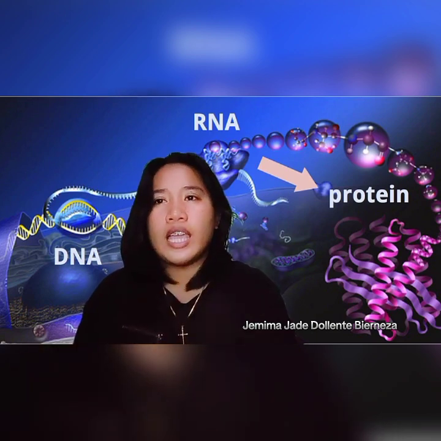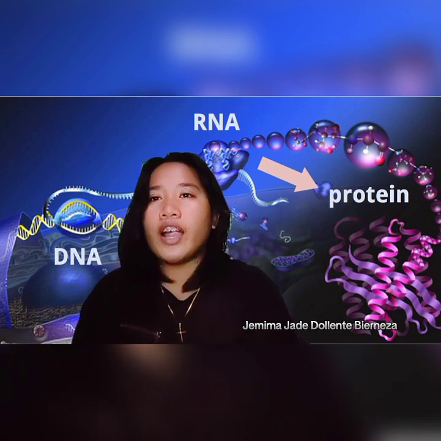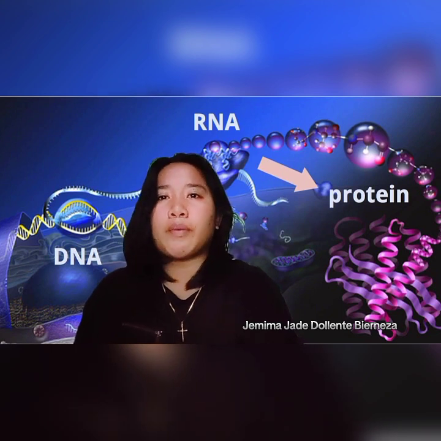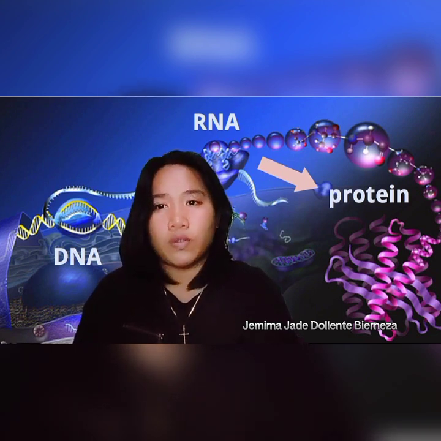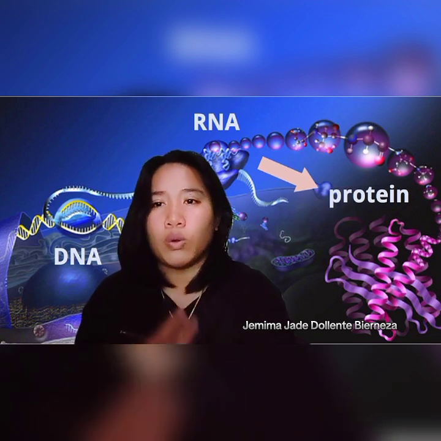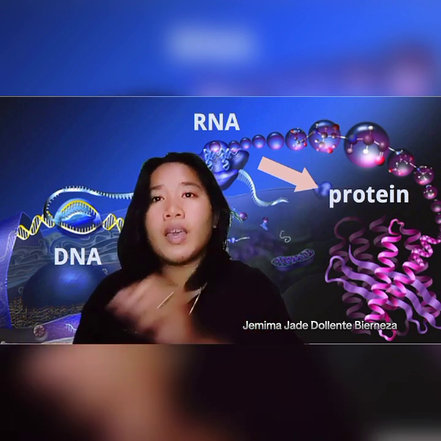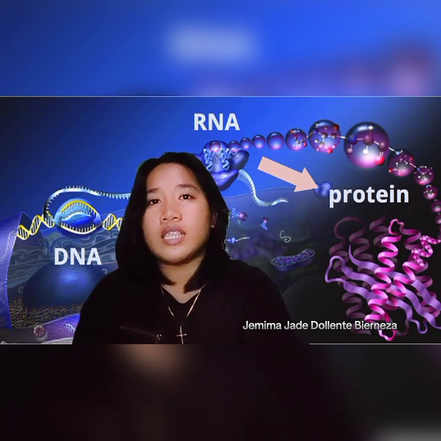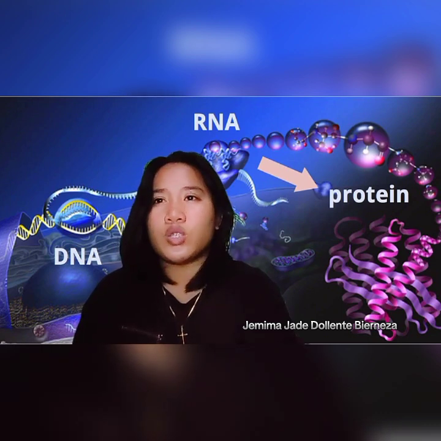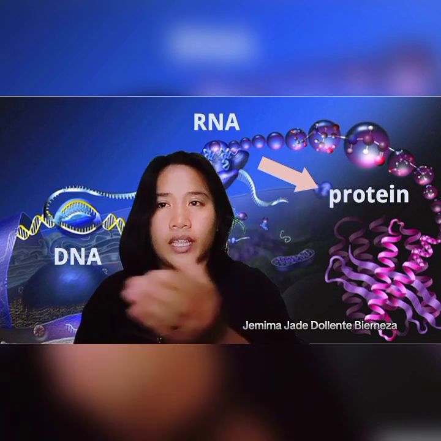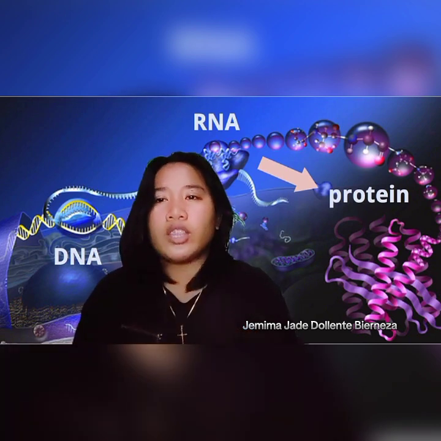Number 1. Initiation. RNA polymerase binds to the promoter region of the gene, signaling the start of transcription. Number 2. Elongation. RNA polymerase unzips DNA and synthesizes a complementary RNA strand from the DNA template. Number 3. Termination.